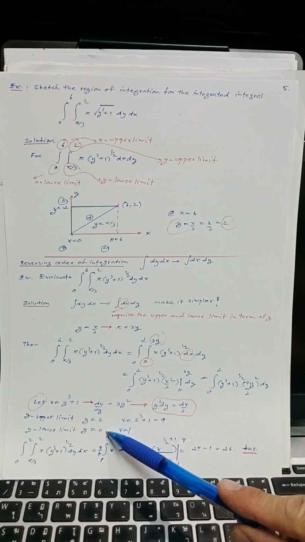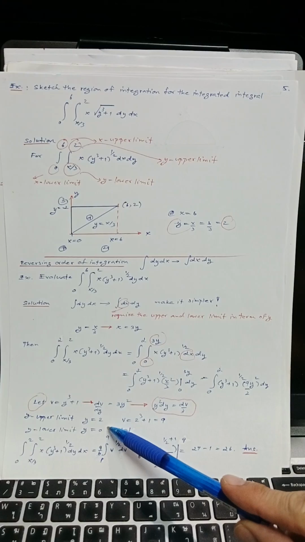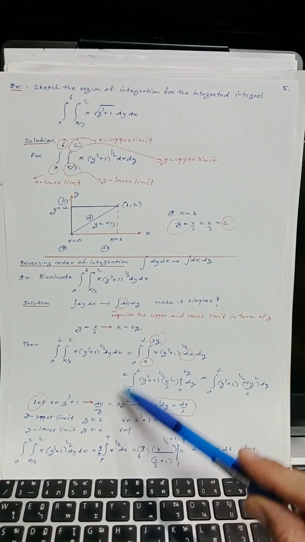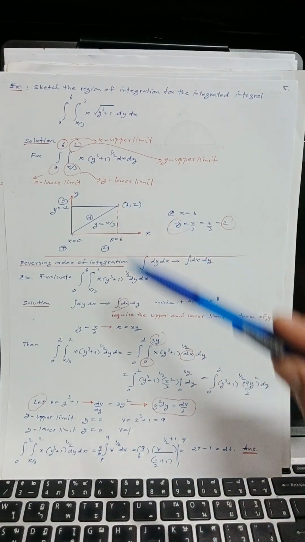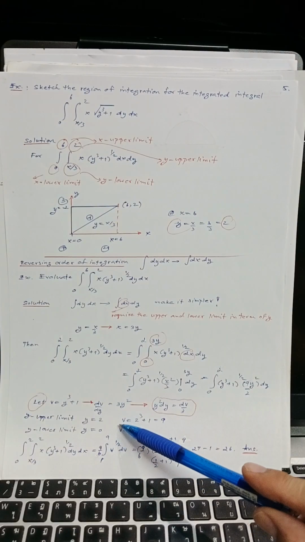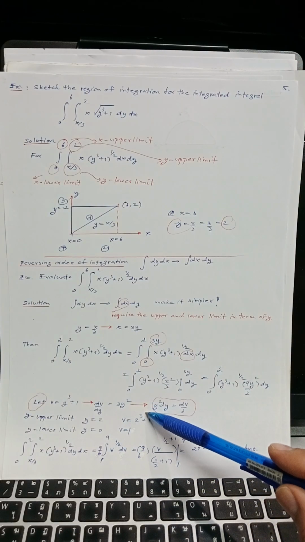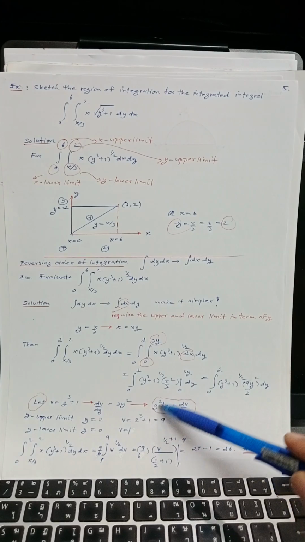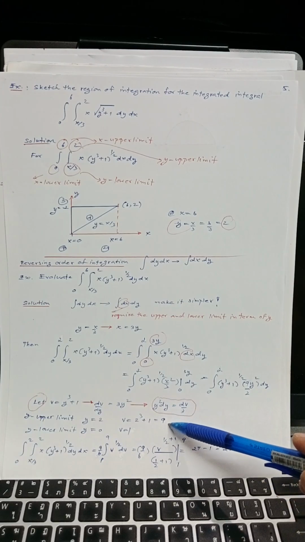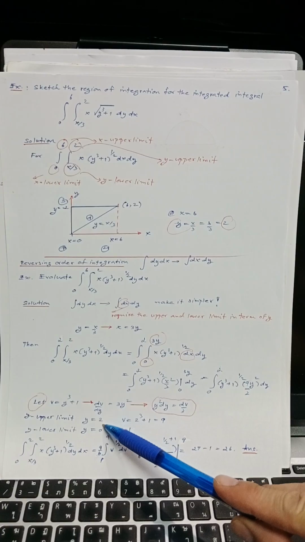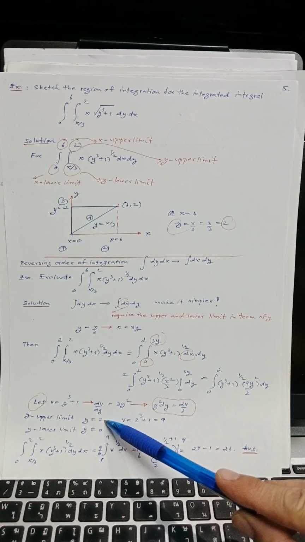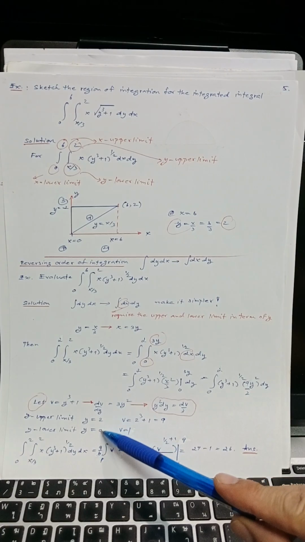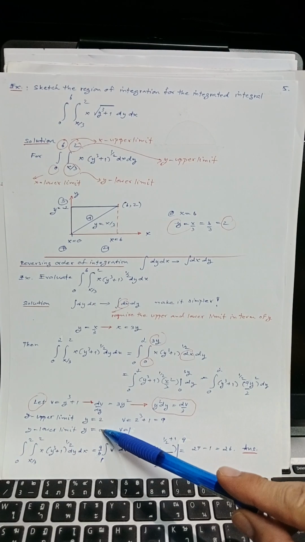Now you look for the lower limit and the upper limit. The result should not have a variable or factors of y or x. It should give you just a number. In this case, upper limit of y is 2, lower limit is 0.